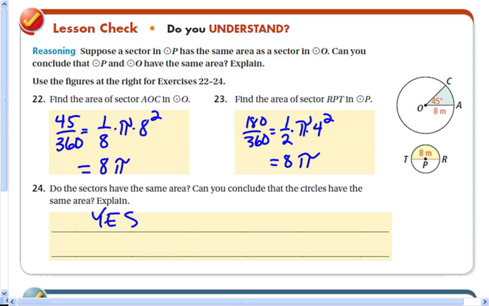Can you conclude that the circles have the same area? No, you can't. Because you can find some sector of a circle that fits almost any area. So if they have a bigger sector, then they'll have a bigger area.